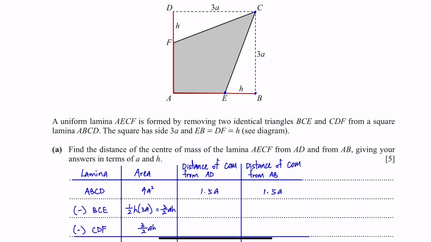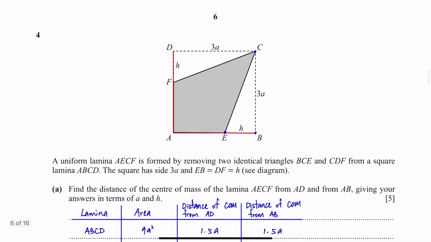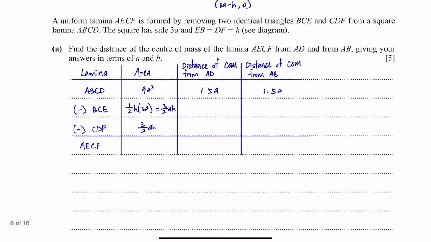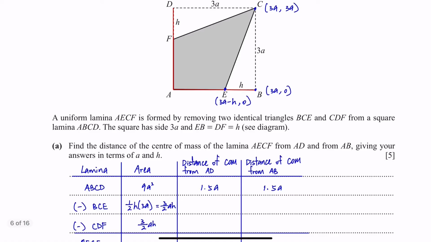So for the distance of COM from AD, we will need to look at these points. Okay, so this in XY coordinates, right? This would be 3a, 0. This would be 3a, 3a, and this would be 3a minus h, 0, right? So for the distance of COM from AD, we just have to look at the x coordinate.